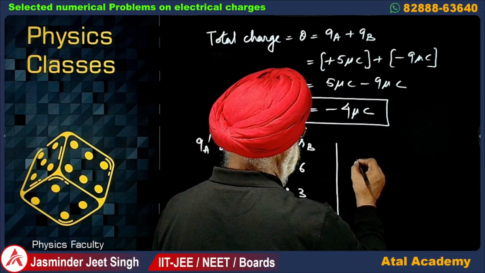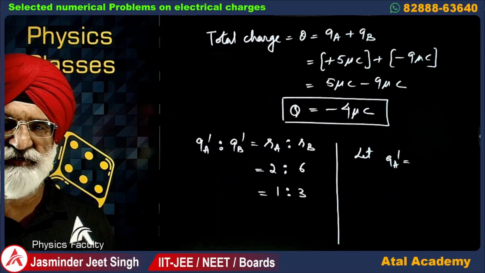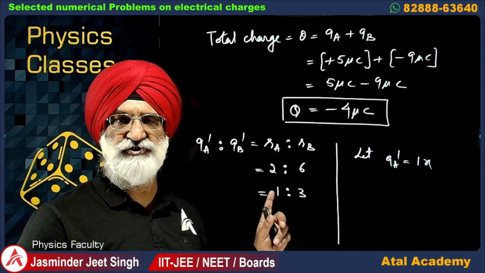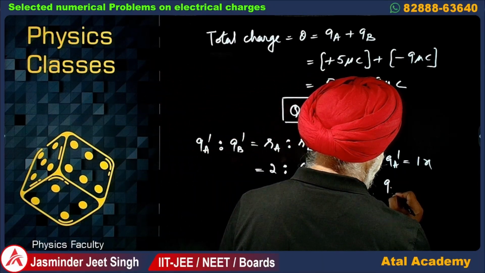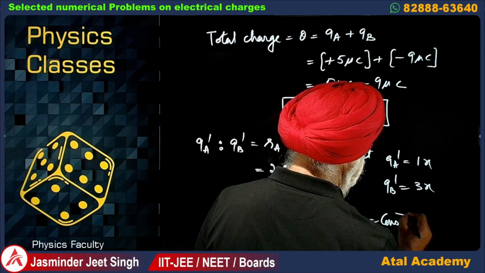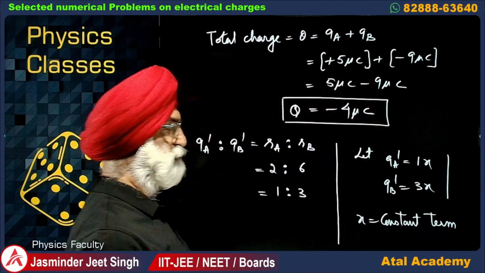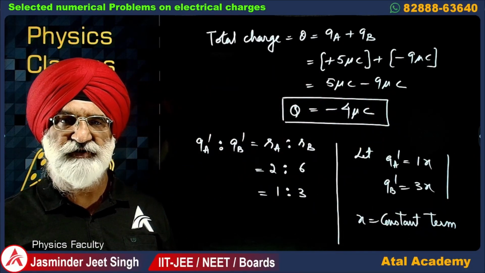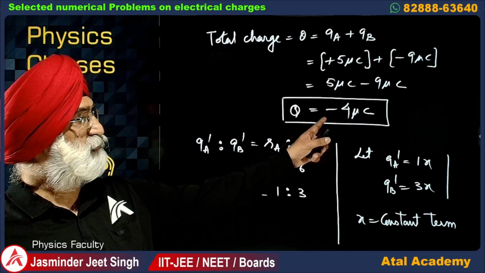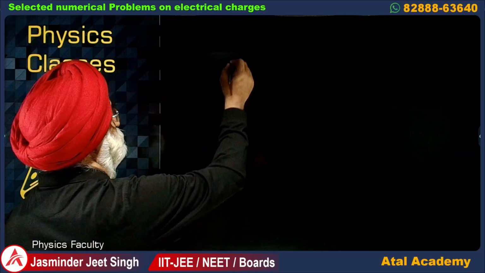Here we can assume that QA dash, the new charge on conductor A, be 1x, because the charges are to be distributed in the ratio of 1:3. QB dash will be 3x, where x is any constant. The total charge will remain the same; the sum of the two final charges will be equal to minus 4 microcoulomb.